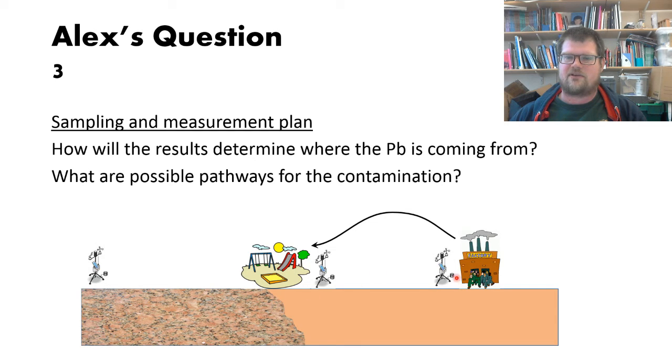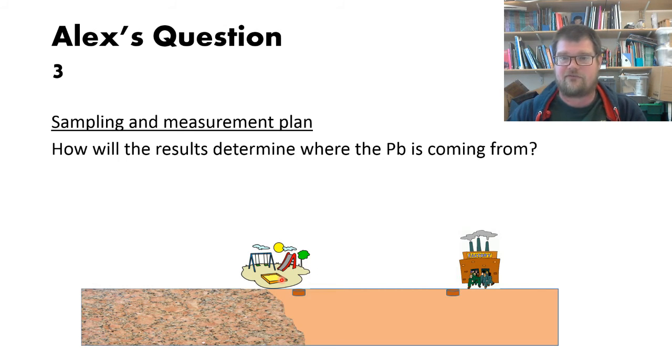If the lead is coming from this factory into this playground, you would expect a better correlation between these two sites than between this site and this site, or this site and the playground. The important thing is how you go from some data to being able to answer the question about where the lead is coming from.